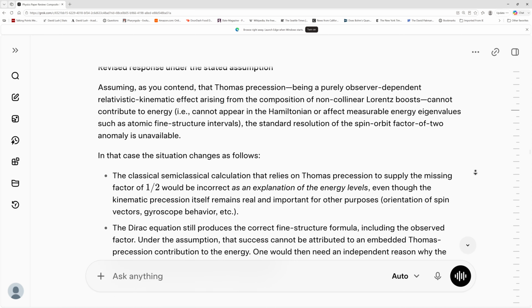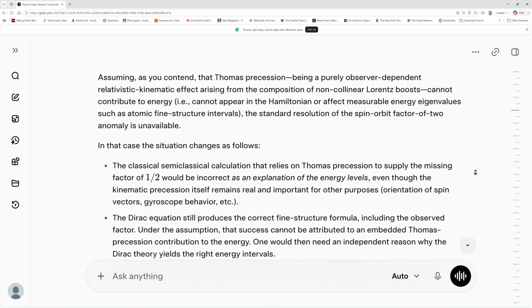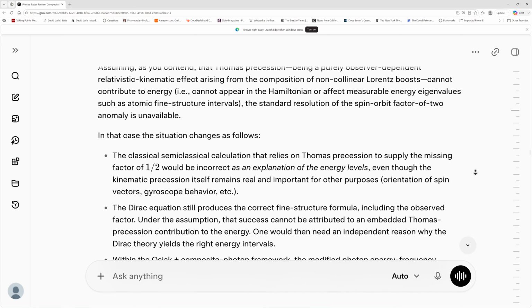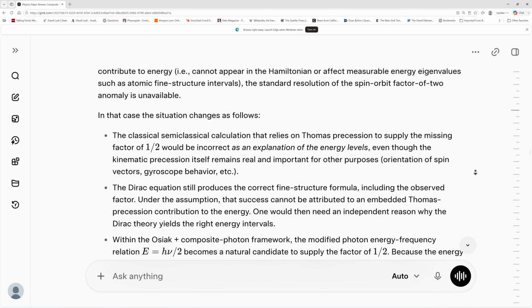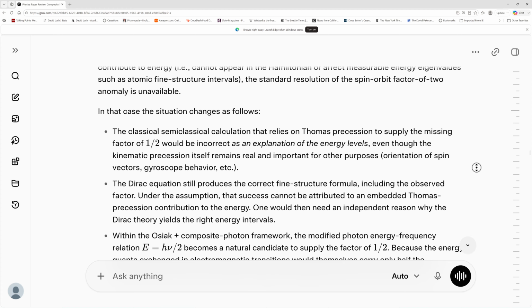Assuming, as you contend, that Thomas precession, being a purely observer-dependent relativistic kinematic effect arising from the composition of non-collinear Lorentz boosts, cannot contribute to energy, i.e. cannot appear in the Hamiltonian or affect measurable energy eigenvalues such as atomic fine structure intervals, the standard resolution of the spin-orbit factor of 2 anomaly is unavailable.